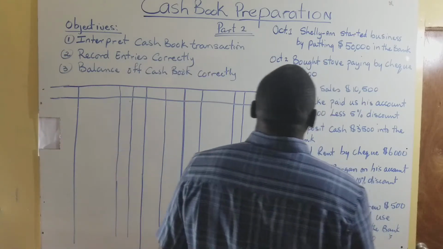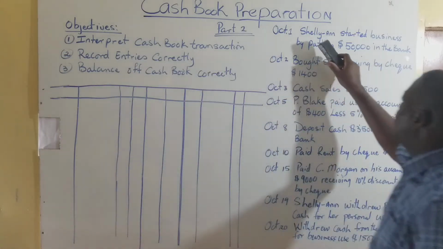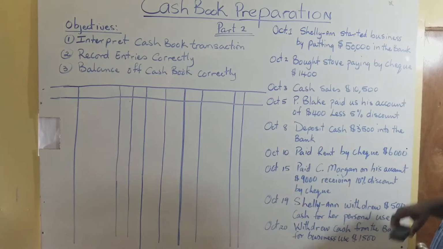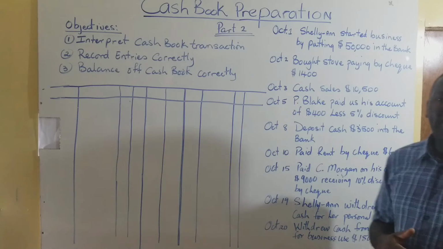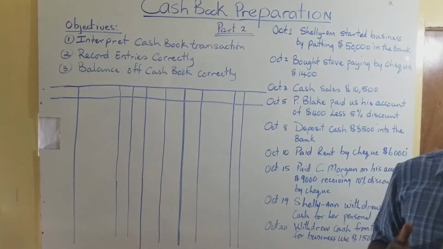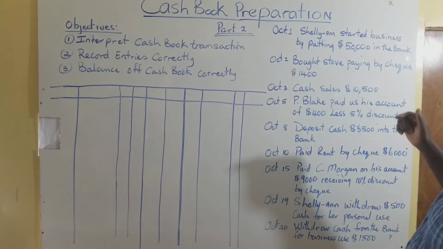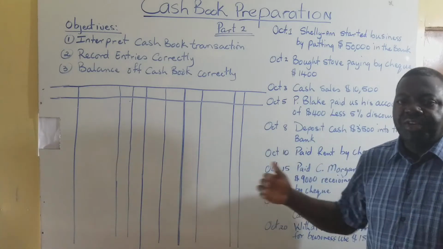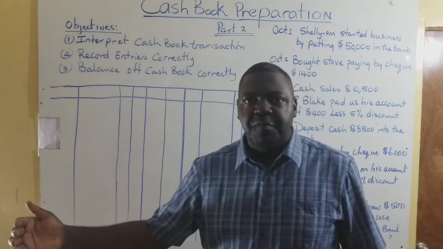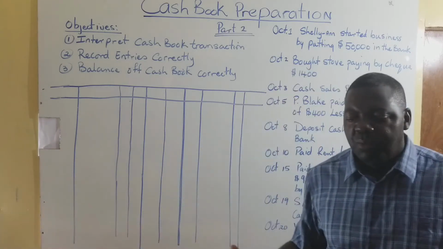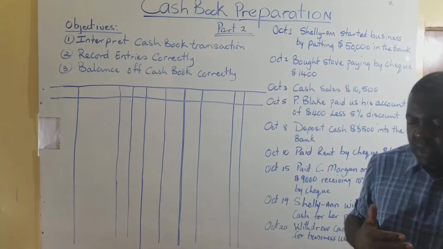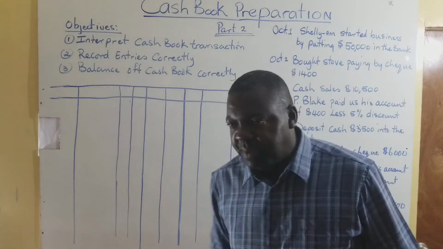In the first transaction, it reads, Shellyan starts business by putting $50,000 in the bank. The rule we had shared in the first lesson is that the cash book deals with the movement of money, whether money is moving into the business or moving out of the business.